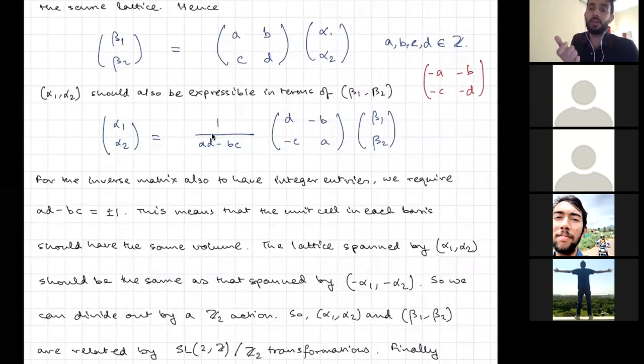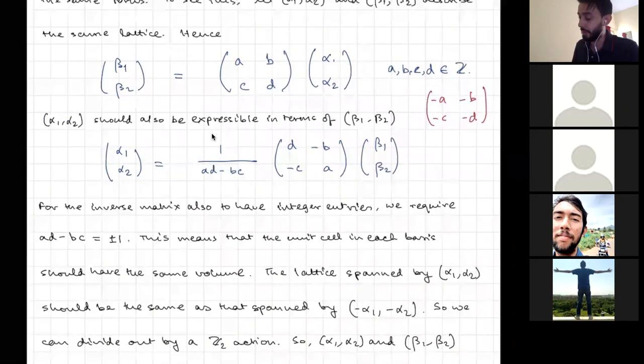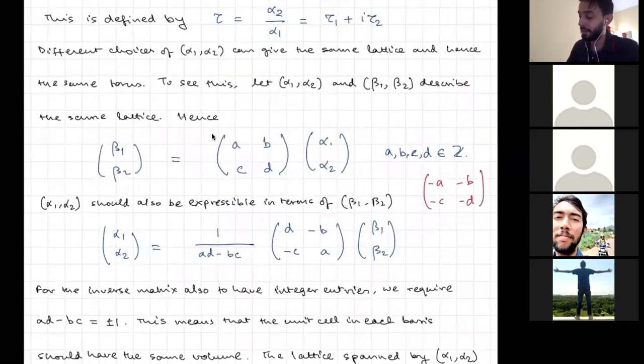Yes. This is just to do with the fact that if you have alpha 1, alpha 2, and something which is minus alpha 1 and minus alpha 2, things will not change. You can also see that from the fact that when we defined tau, it is alpha 2 by alpha 1, so if you put two signs out here, things will not change, right?